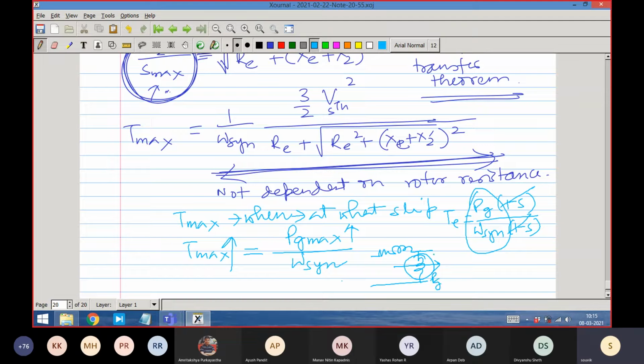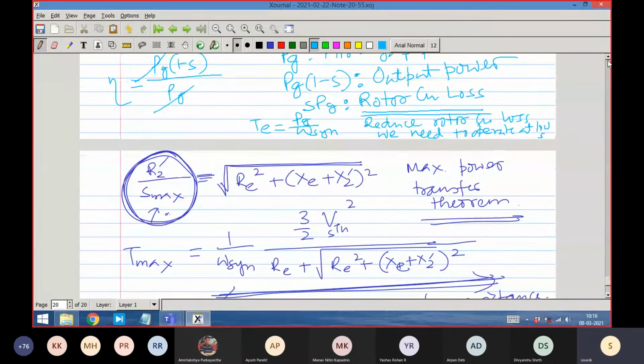That is what PG is. And the power component here is in R2 dash by S. So PG max happens when the power in this resistance is maximum. This is a metaphorical resistance, an equivalent resistance in the equivalent circuit of the rotor. So when is that maximum?